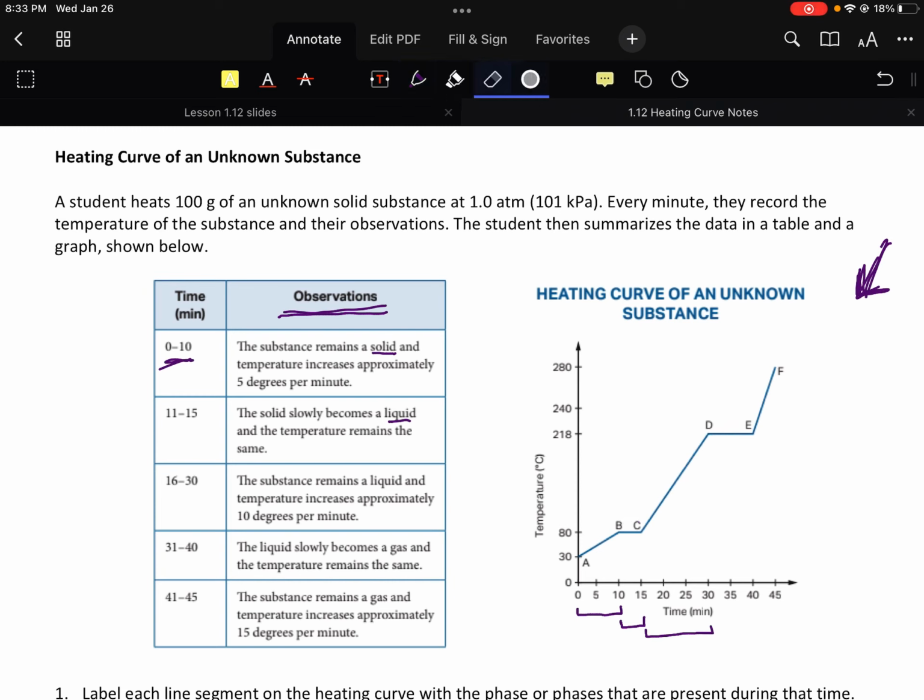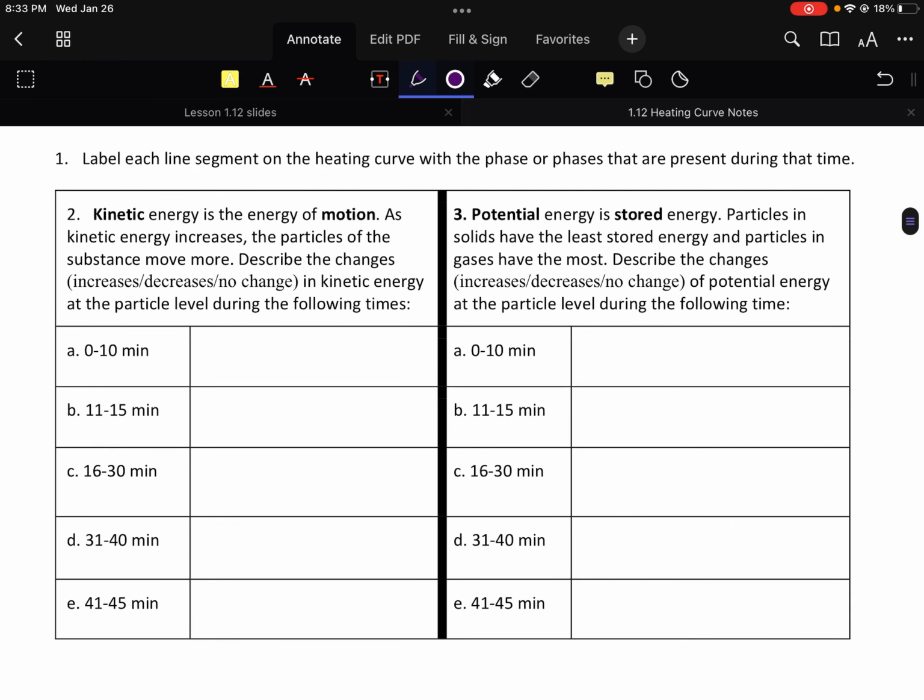So what you're going to do is take a few minutes, and work through answering questions 1 through 8. For example, number 1, you're just looking at the graph and trying to differentiate between kinetic and potential energy. Remember, we've talked about kinetic energy. Kinetic energy is just the motion, the energy of the particles in motion.